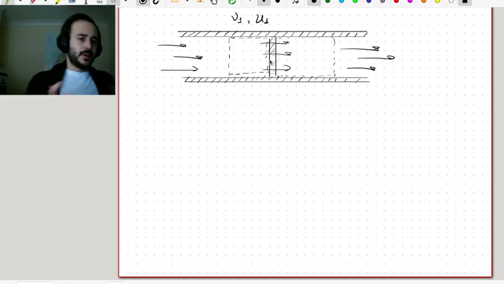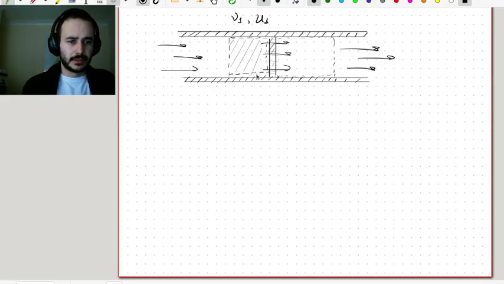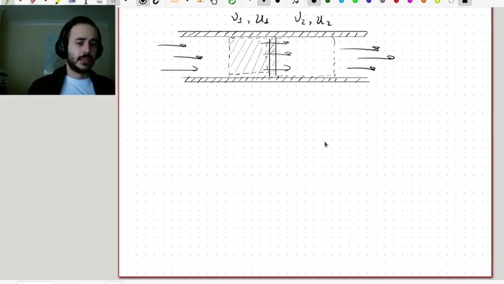If I trace every single bit of gas to the left of the plug as it goes through the obstacle, I would see that in the end it will occupy generally a different volume. It's the same amount of mass, but the specific volume is going to be different, and the energy is going to change in principle, okay?